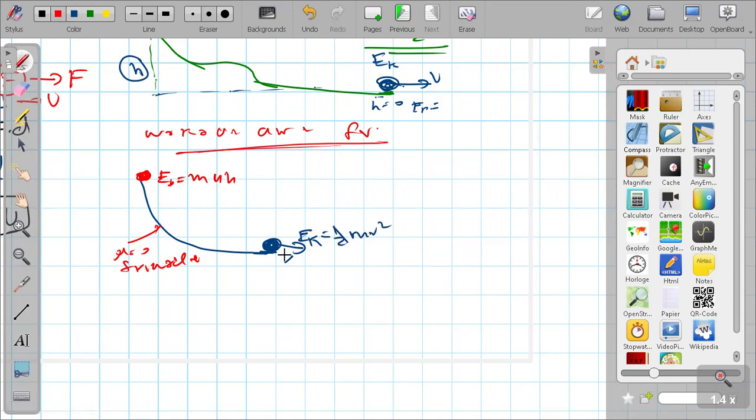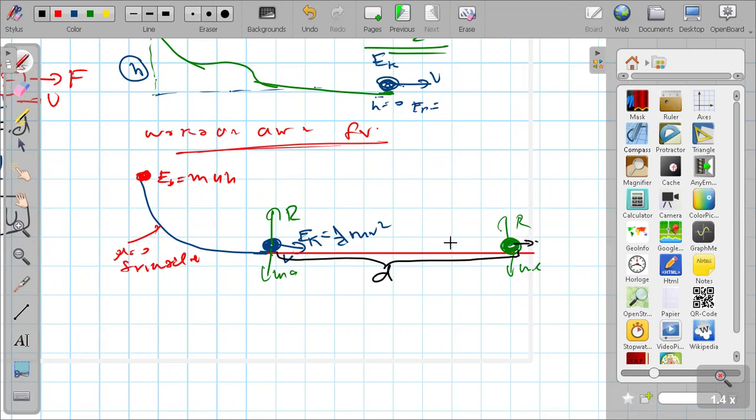Right. Now the floor becomes rough. So the object will stop somewhere here. Why? Because it has to do a certain work against what? Friction. D is the distance there, and there is a constant mu.